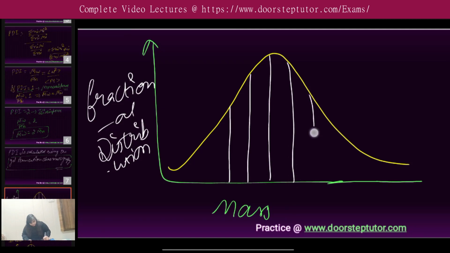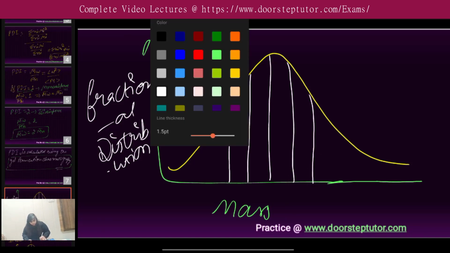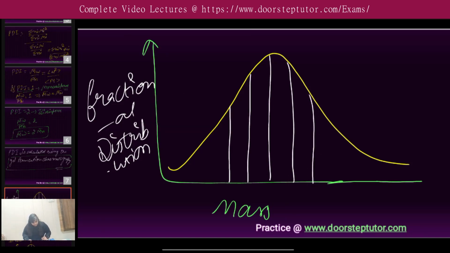The lowest one is our number average molar mass. The second line indicates our viscosity average molar mass, the third one is our Mw, the weight average, and the fourth one denotes our Mz, because Mz is going to be the maximum mass. So corresponding to that we have to look at this fractional distribution.